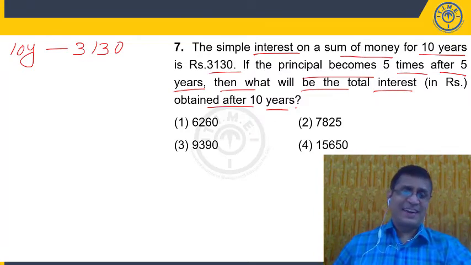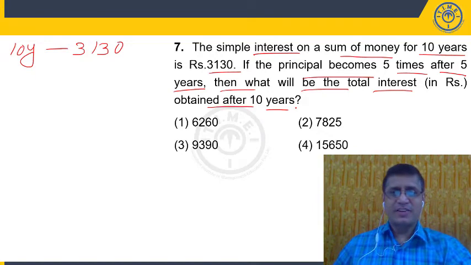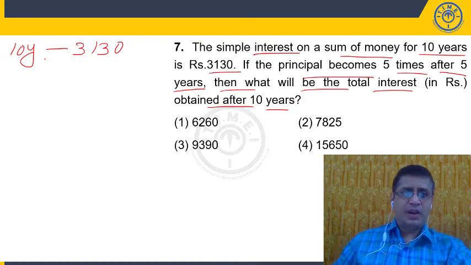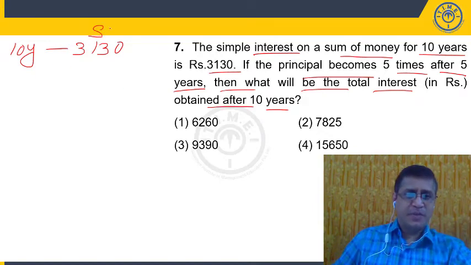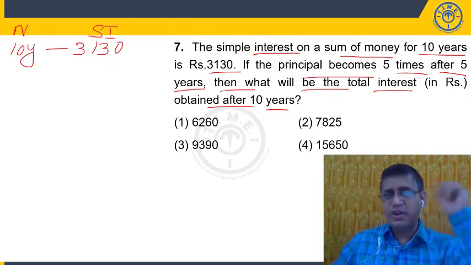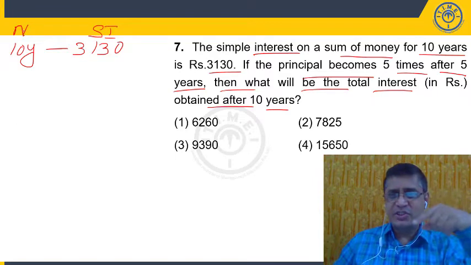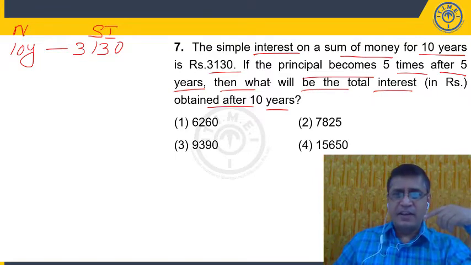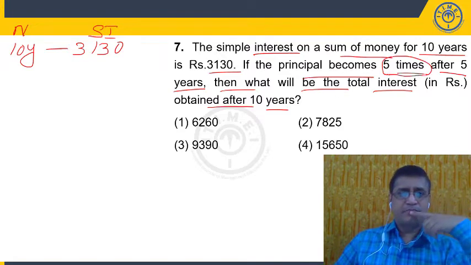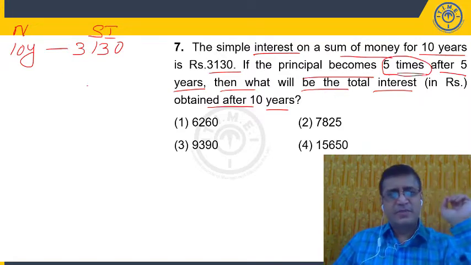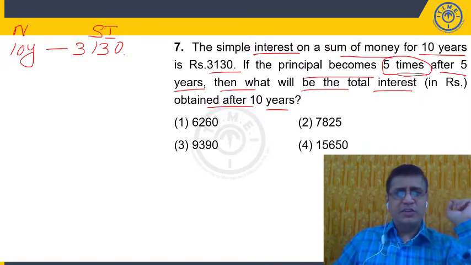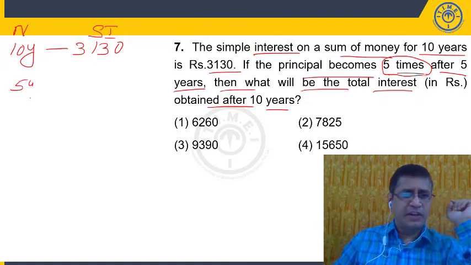Yes, there are conditions given here. What are the conditions? Actual interest is given. This is the simple interest for 10 years. But what is the condition given? After 5 years, the principal becomes 5 times. My dear students, for 10 years it is 3130, means what is the interest for 5 years?